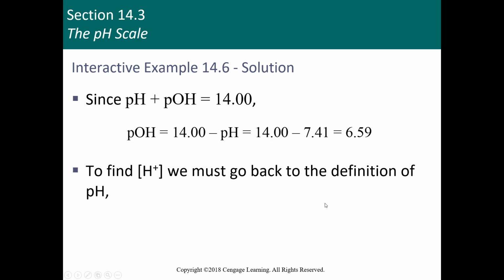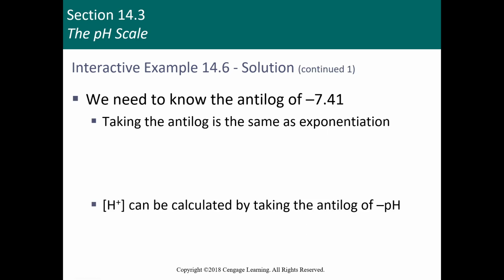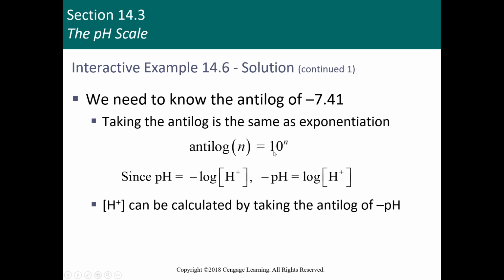Alright, so the next thing we're going to do here is find our H+ concentration and our OH- concentration. What you do for H+ and OH- concentrations is very similar. You're just going to take 10 to the negative pH, and that's going to be your H+ concentration. Taking 10 to the negative pH is similar to taking the antilog.